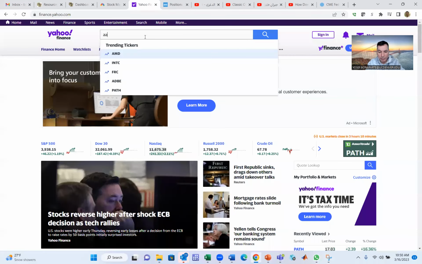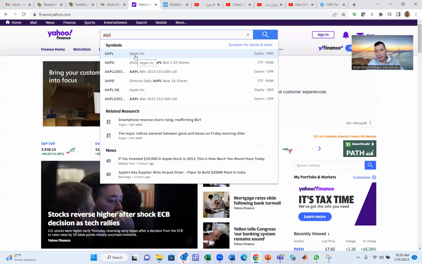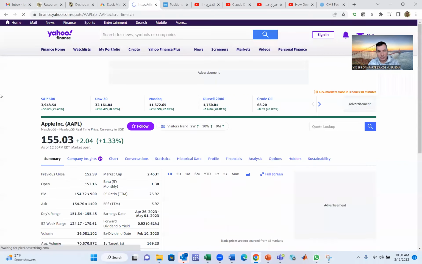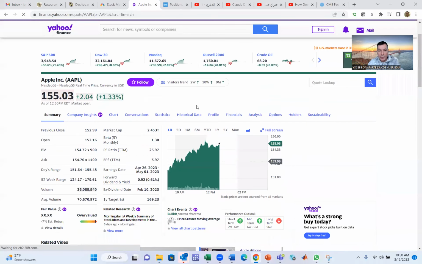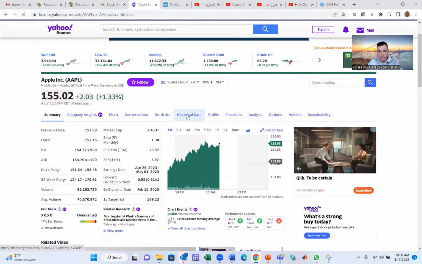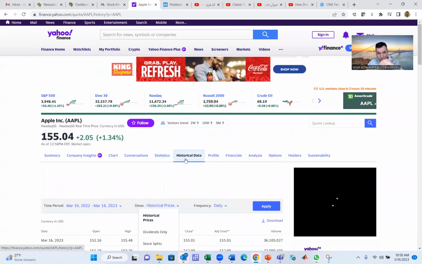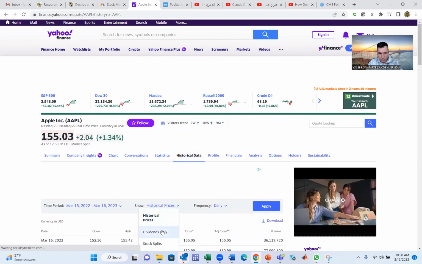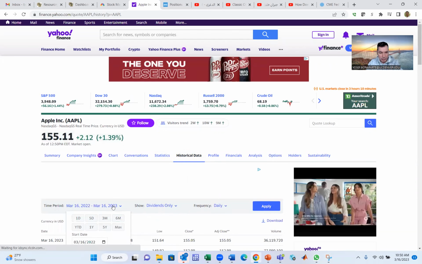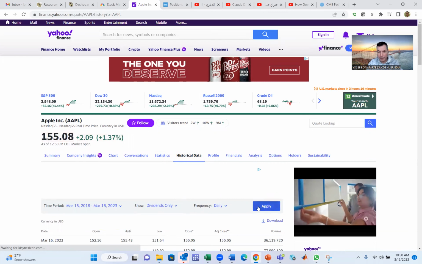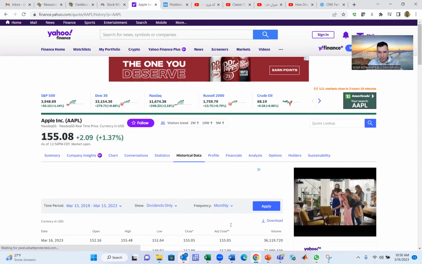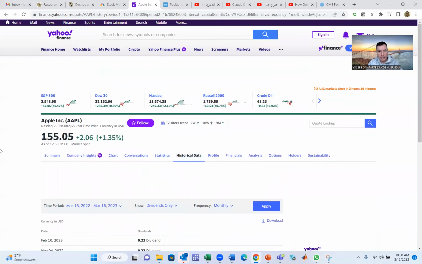From where did I get the 92? If you go to Yahoo Finance and you do Apple, AAPL, the market is up today, so see how much Apple is today. Then you go to historical data and ask for the dividend only, past 5 years, monthly, and apply.